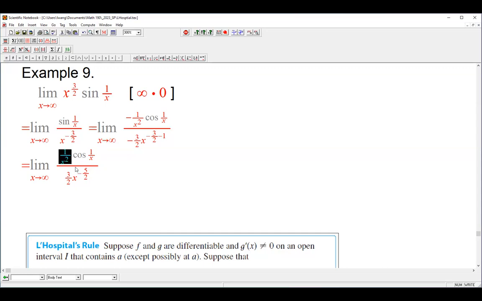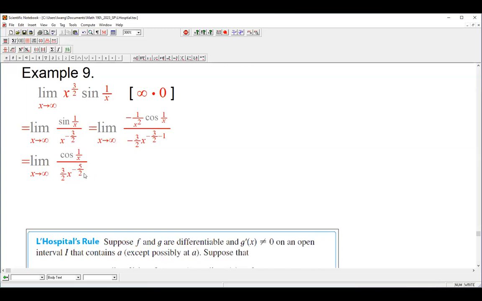Can we reduce these two? Certainly. You can bring the x squared down under, and so these two powers can add up.